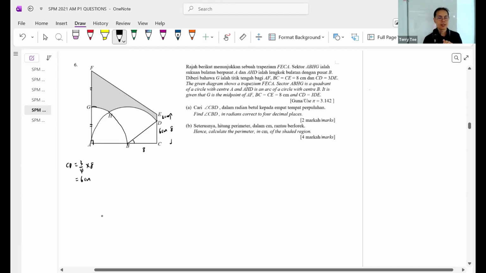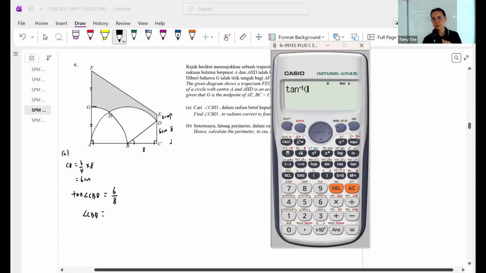CBE is this. So actually you can see this is a right angle triangle. We can use SOHCAHTOA to find this angle. So we use tangent. Tangent CBD is opposite over adjacent. Nowadays this is very sad, because in the past we could just use the calculator in radian mode, shift tangent 6 over 8, and you get your answer in radian right away.